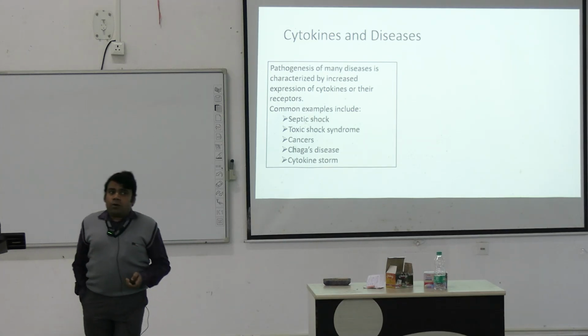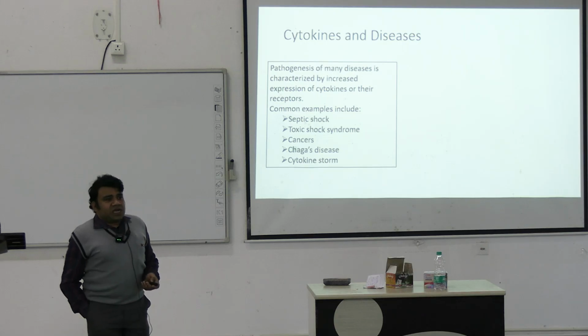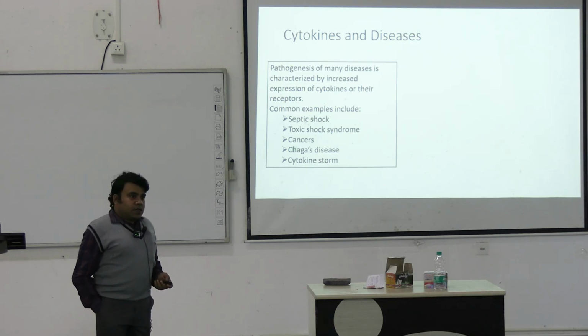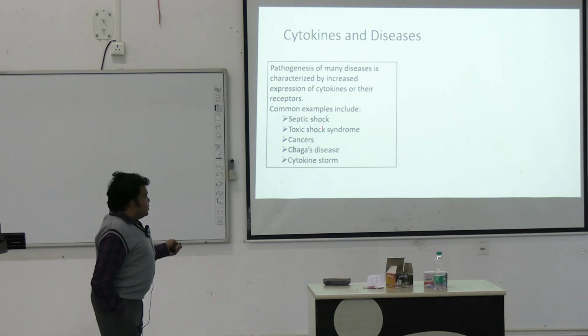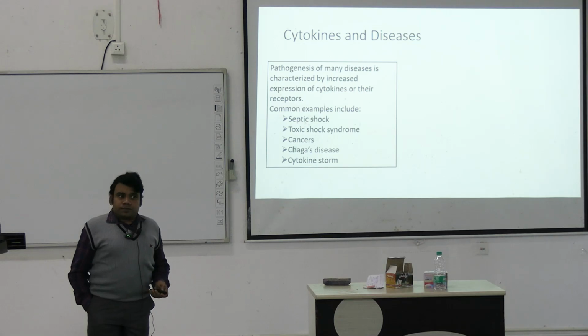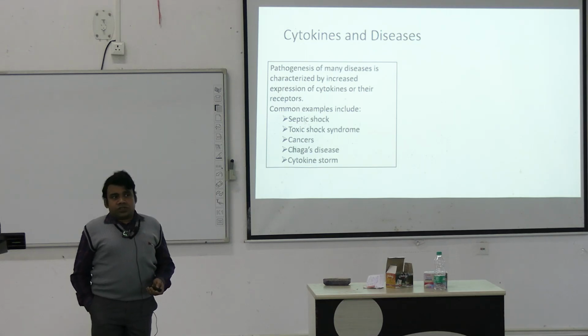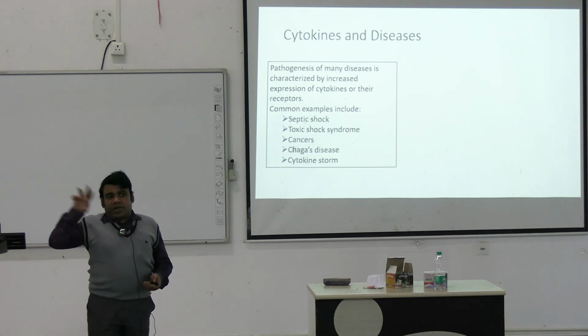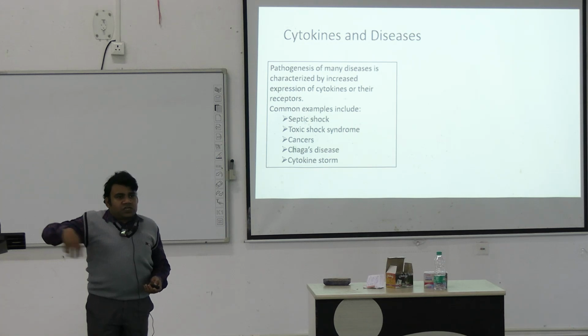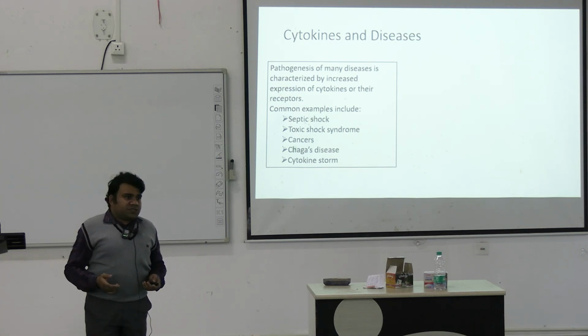Now, I already told you about the cascade reaction, the positive and the negative feedback. These can be seen in many diseases like septic shock or toxic shock syndrome, where the infection happens in a particular area, but because of the release of the cytokines, the various manifestations are seen.